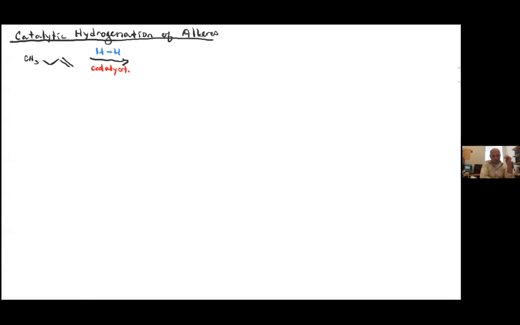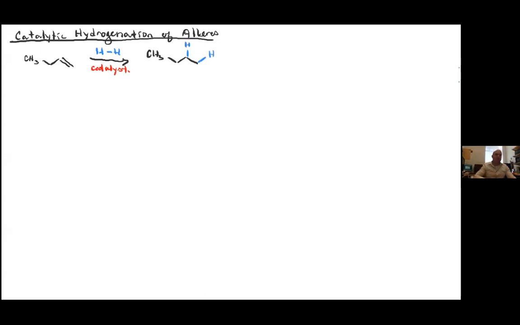All right. So the general reaction scheme involves treatment of an alkene with dihydrogen gas and a catalyst. And the result is reduction of the pi bond to form the corresponding alkane.